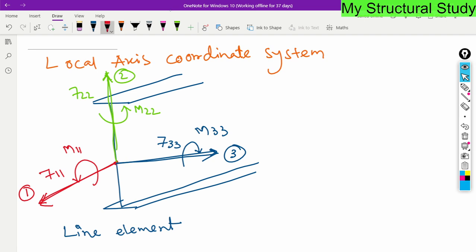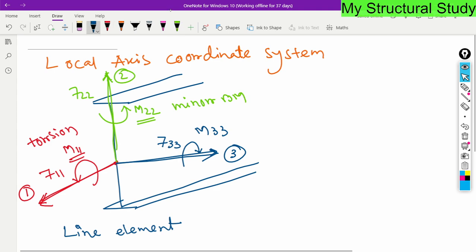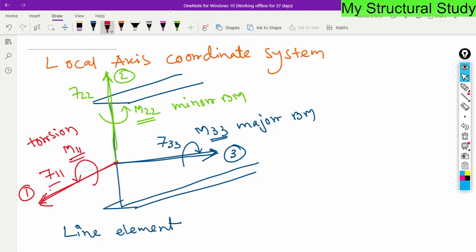So this M11 moment we can call torsional moment, or torsion in short. This M22 moment is minor bending moment, and this M33 moment is major bending moment. Same way, this F11 force is the axial force.